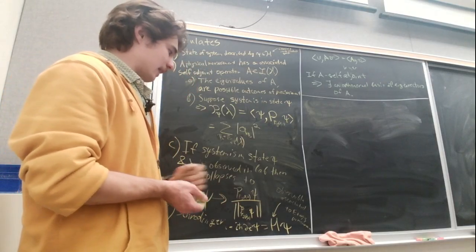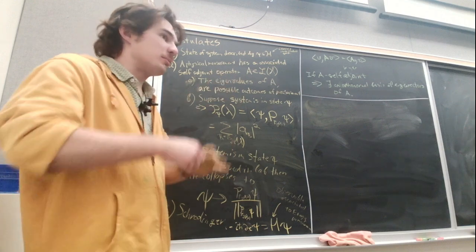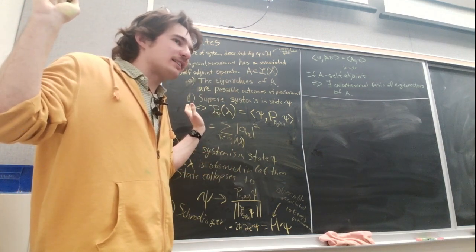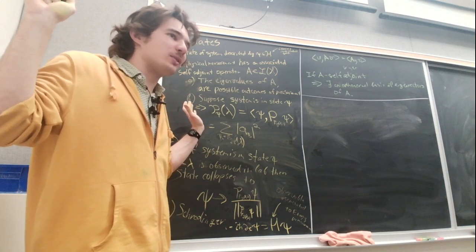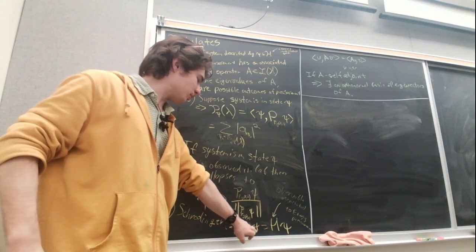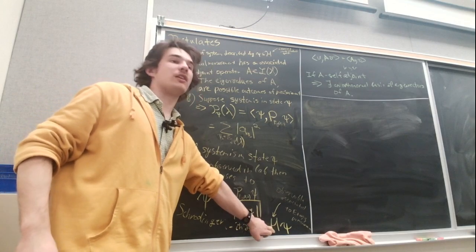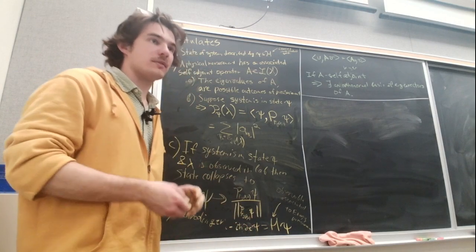You can measure the energy, and by these rules there should be some abstract self-adjoint operator associated to it, and your state will evolve in time according to this equation. This is some self-adjoint linear operator. That's all it is.